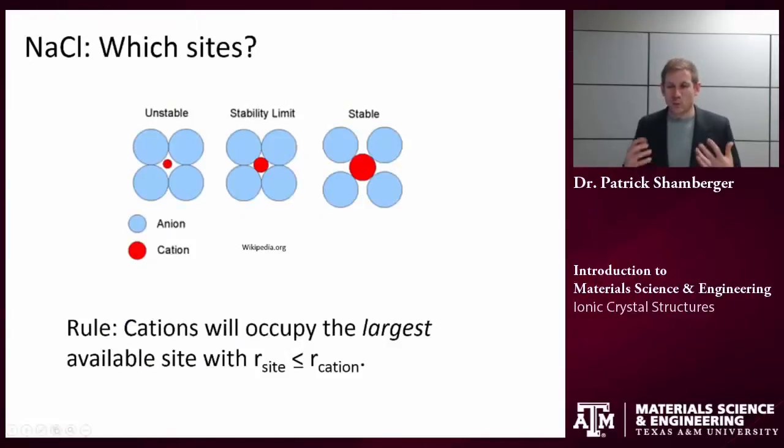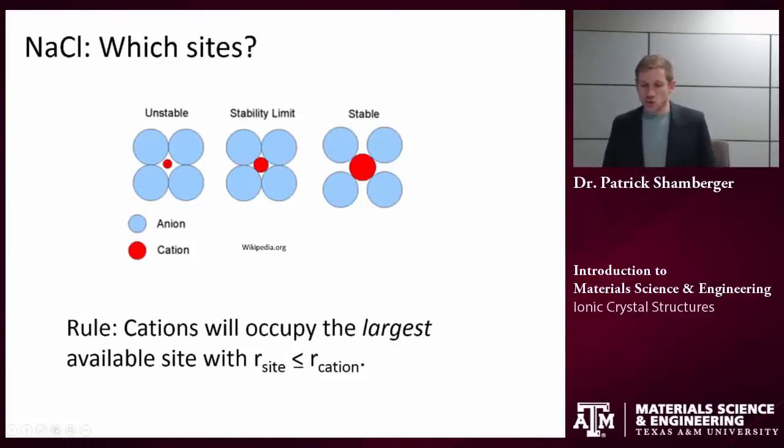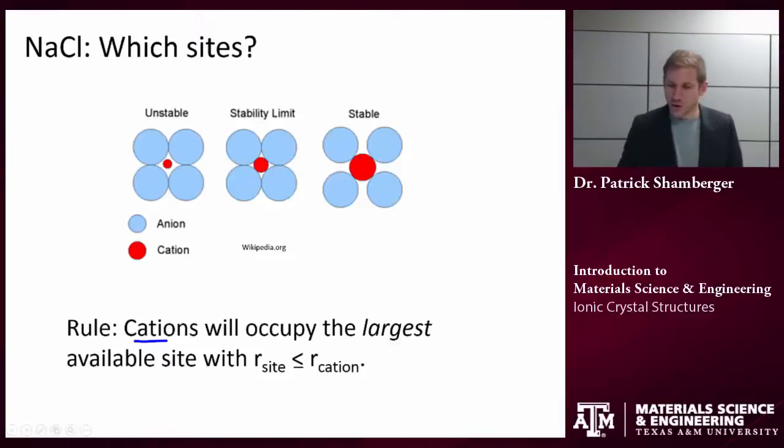The first question I said, which sites? Now there's a rule, and that rule is that cations will occupy the largest available site that is less than or equal to their size. So let's think about that with a picture first, and then we'll come back to the words.